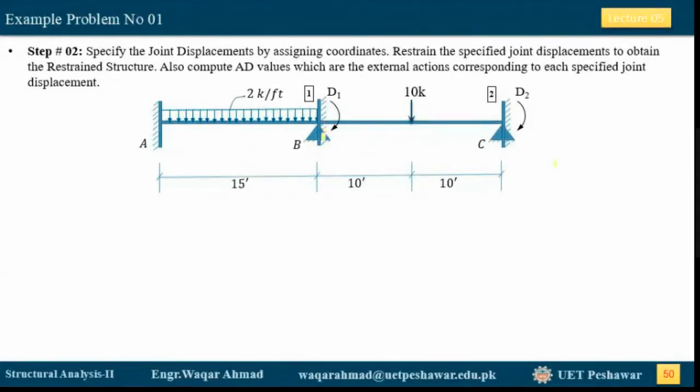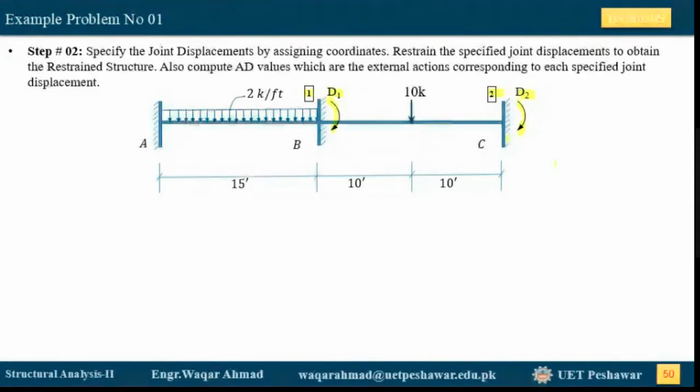We have specified the displacement at this joint B by D1. Also, this hinge support is replaced by a fixed support. So now I got a restrained structure, in which the specified displacements are restrained, and now there is no displacement possible at this support or at this support.